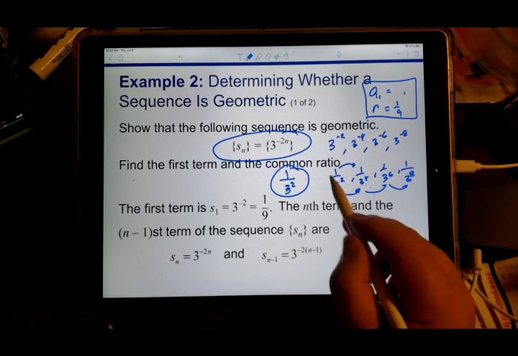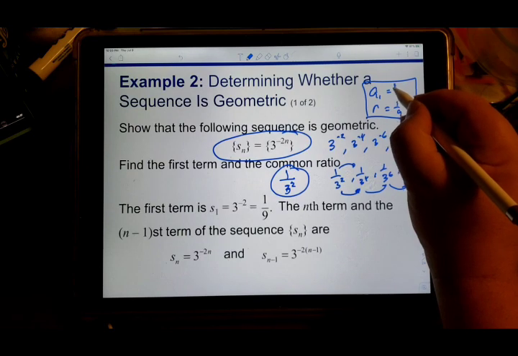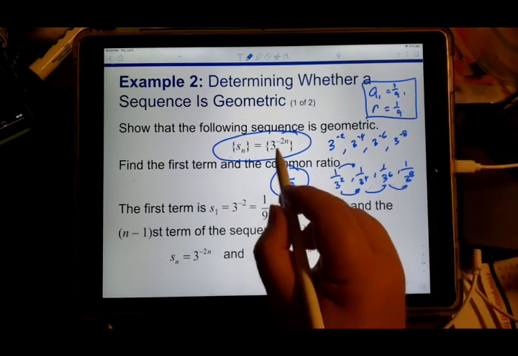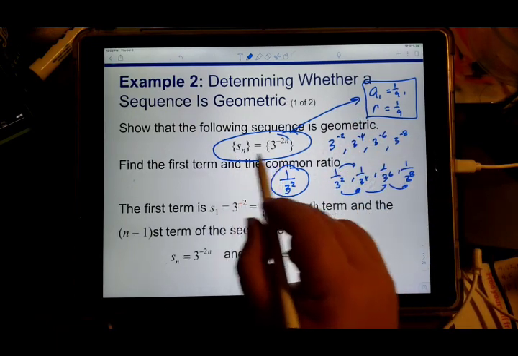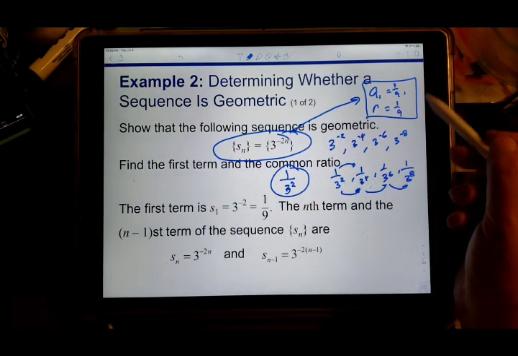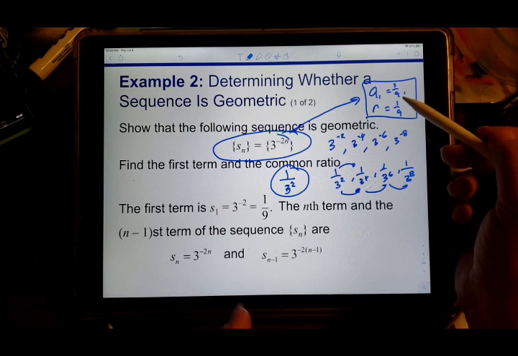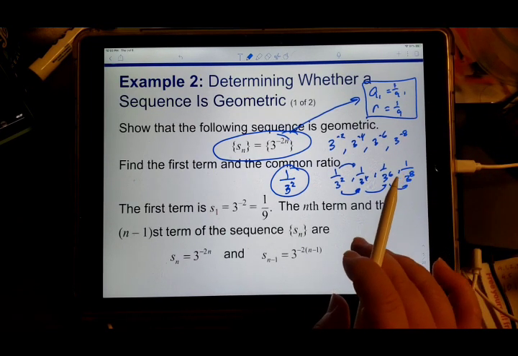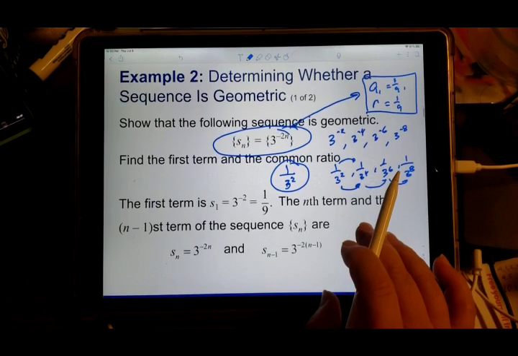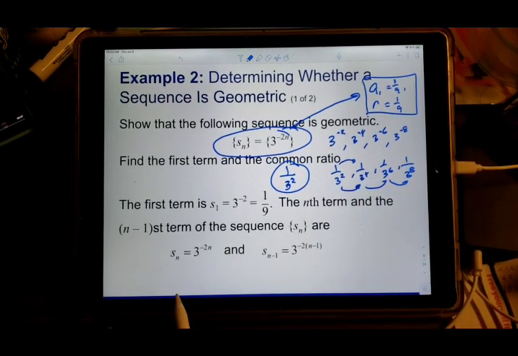And the first term also happens to be 1 over 9. So this sequence is better described by the first term and the common ratio, but the author chose to use more formal methods.